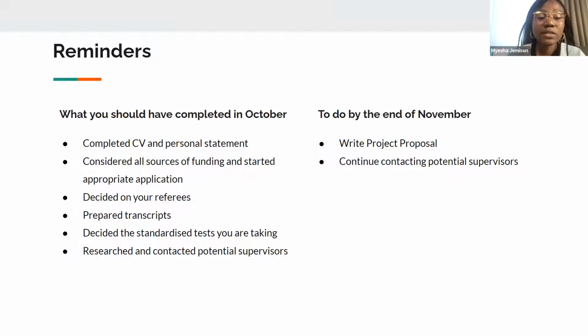Deciding on the standardized tests you're taking: you should know what they are. That's something I think we expressed that you should have already looked up before the application even opened, because that's generally available on the site. It's not something the application tells you. Your department or program site should have already communicated whether a test was required. So that should already be checked off your list.